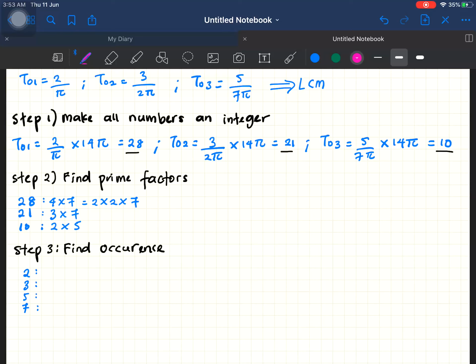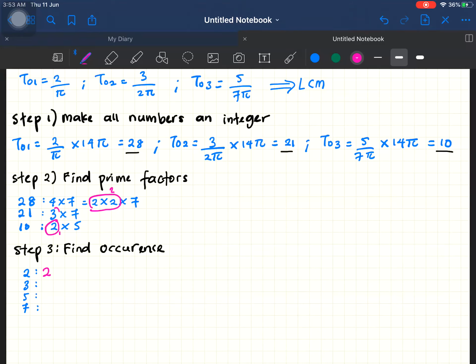Now if you look here, number 2 occurs here 2 times, while number 2 occurs here 1 time. So the biggest occurrence, or the maximum occurrence, of number 2 is 2.